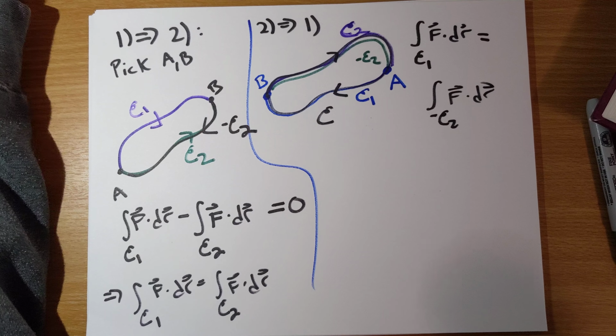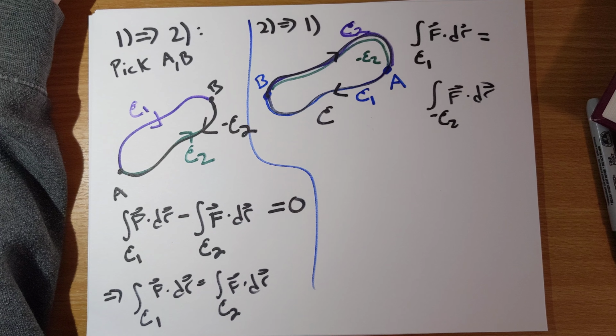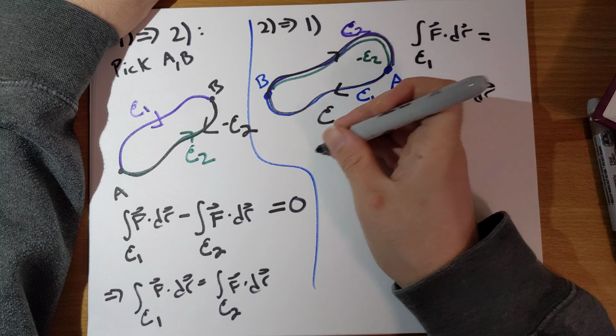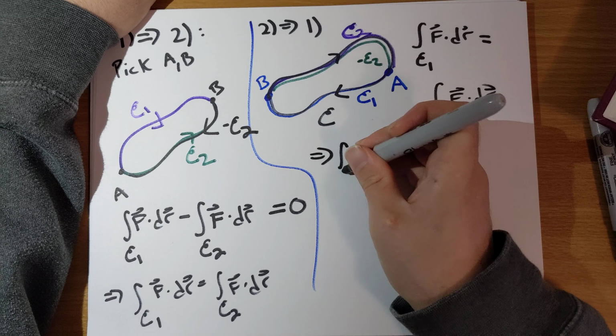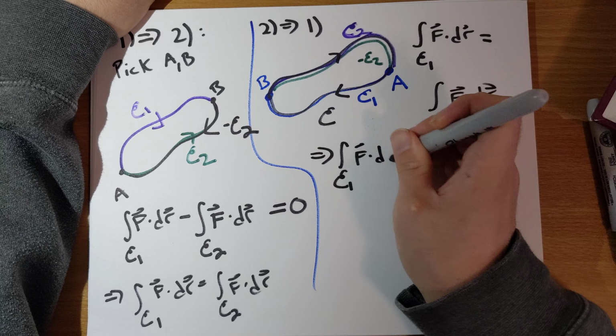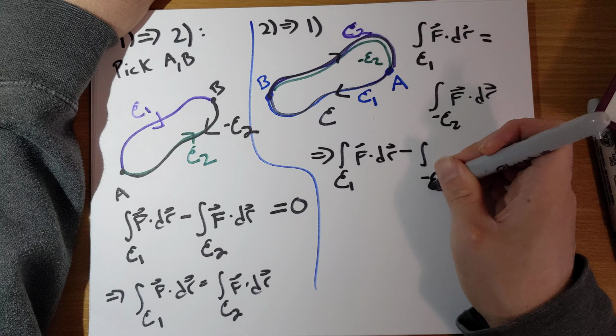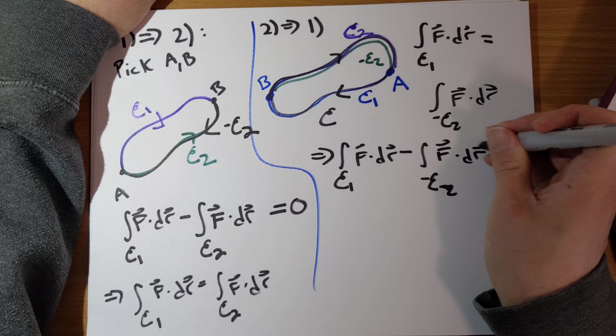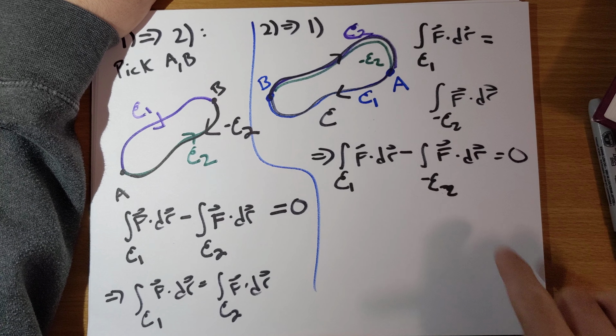Conservative means that the integrals are path independent. So now we move this to the other side of the equation. The integral along C1 of f dot dr minus the integral along negative C2 of f dot dr must equal 0.